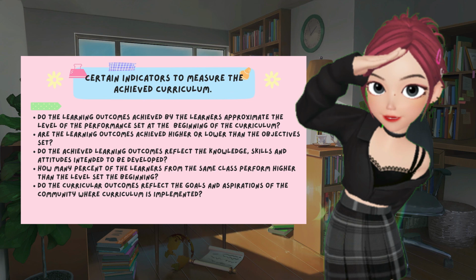Next, how many percent of the learners from the same class perform higher than the level set at the beginning? And lastly, do the curricular outcomes reflect the goals and aspirations of the community where the curriculum is implemented?